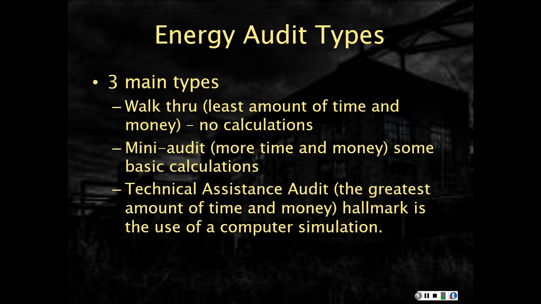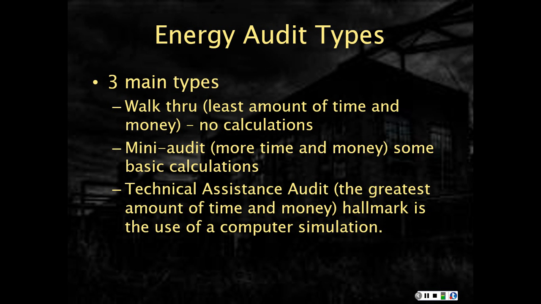So we use some sort of computer load calculation and simulation program like Carrier HAP or Trane Trace, and we recreate the building in a computer simulation. What this does is allow us to compare existing equipment to see if it's oversized, undersized, whatever, and we can put in the utility bills to get a theoretical cost of operation.